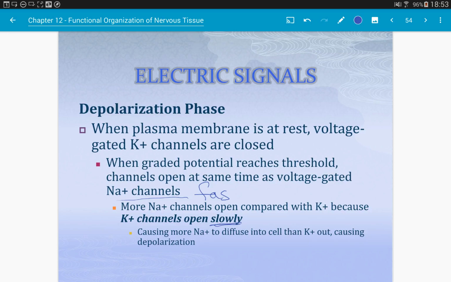Because those potassium channels stay open long after the sodium channels close, potassium can move in and out of the cell to reach that equilibrium that helps bring the cell back to resting membrane potential.